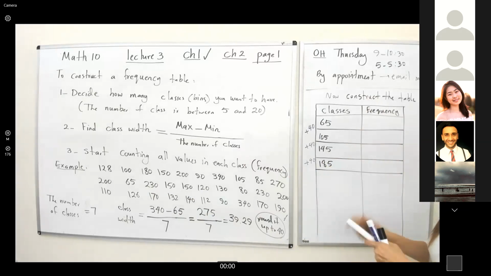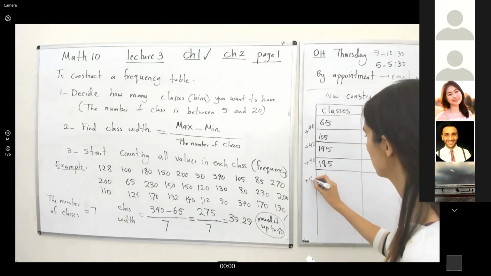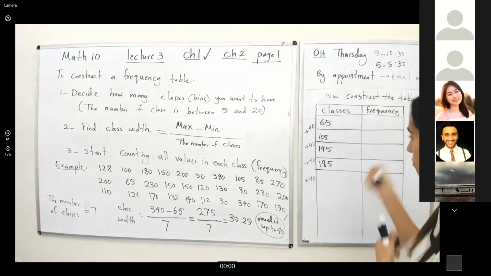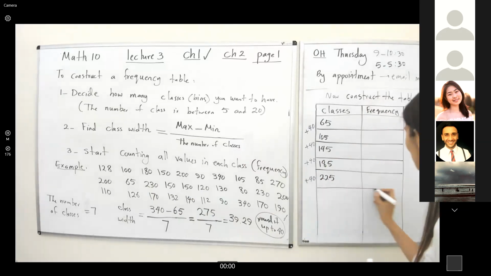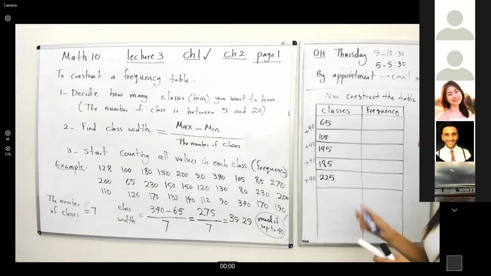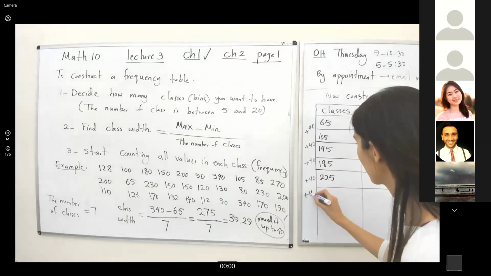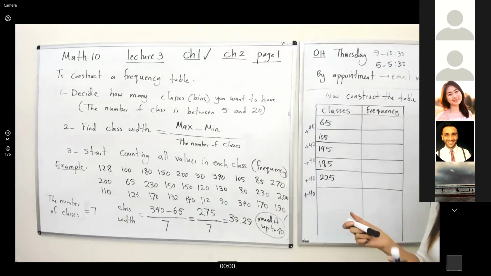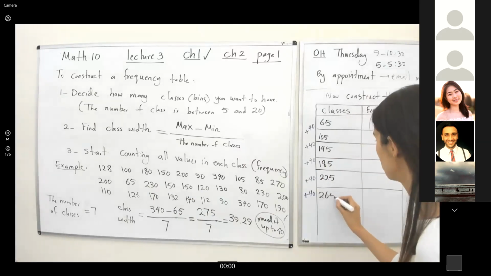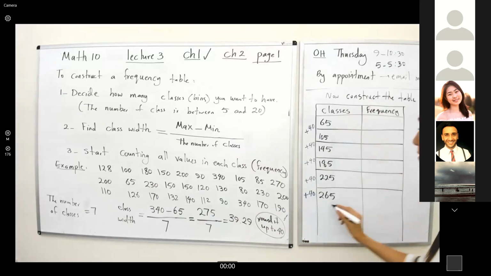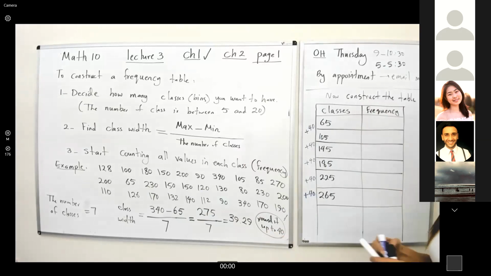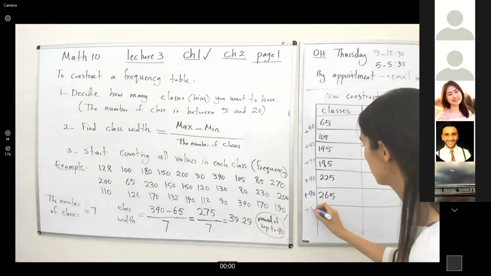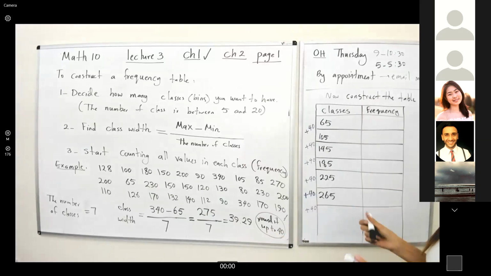I add 40 to it and I get 225. Next class, 225 plus 40 is 265. 1, 2, 3, 4, 5, 6, another class. By adding 40 to it, again, guys, 40 came from the class width. Plus 40, I get 305.